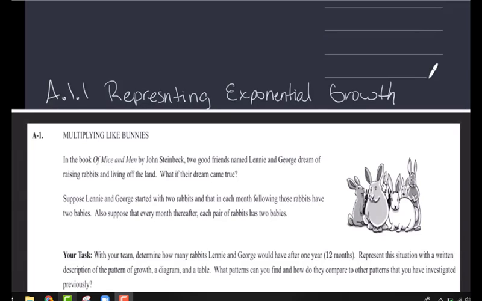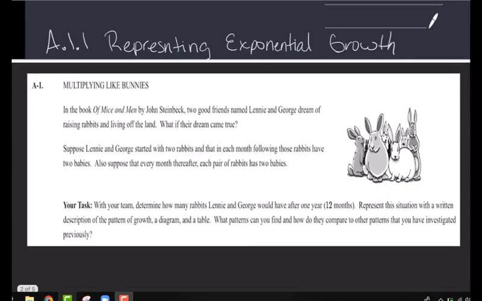And maybe in biology class, you might remember talking about exponential growth and exponential decay. Kind of coming back to you a little bit, maybe. So that's what we've got going on for this first little section.